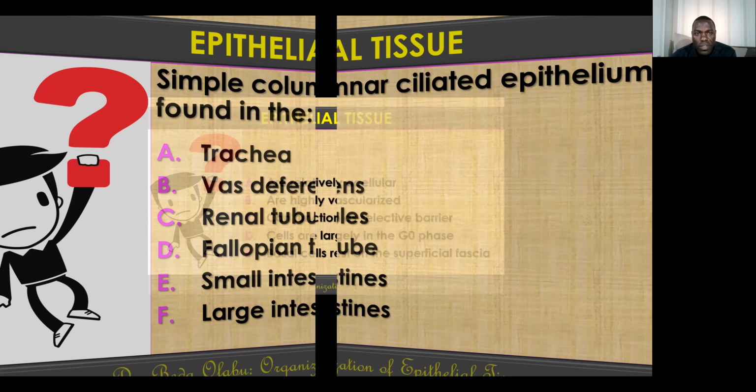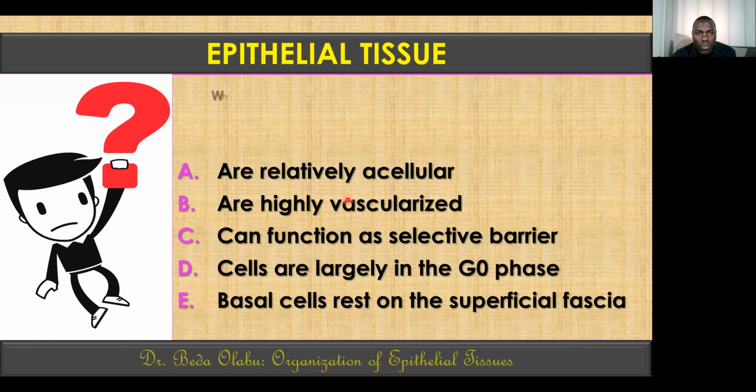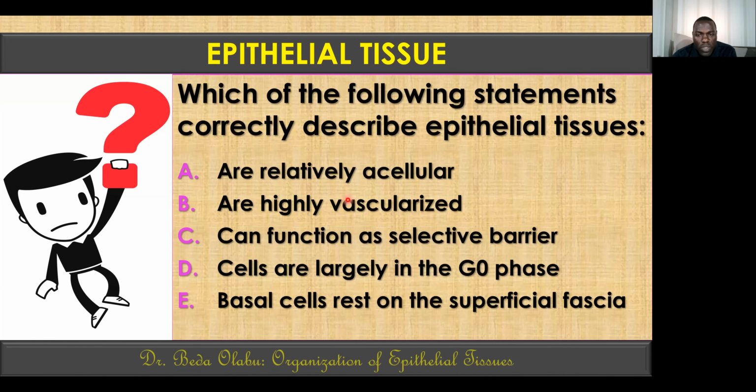On the second question, which is asking you description of epithelial tissues, again, majority of you have gotten it right, but as you can see again, there's some of you who have failed it, and so you need to revisit what you've said in the lecture.